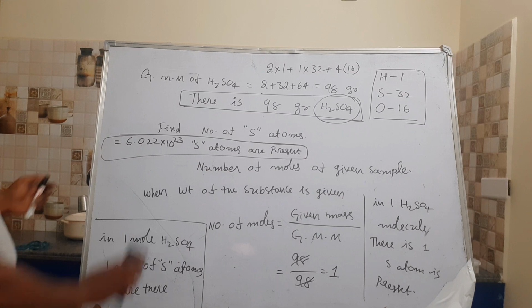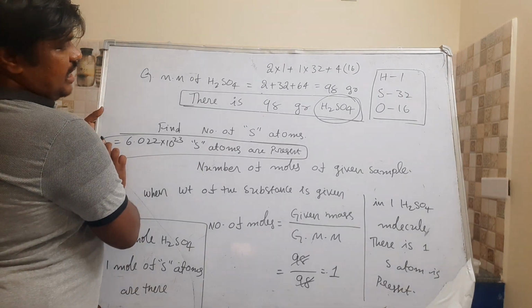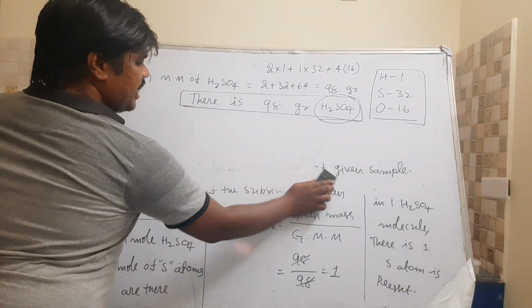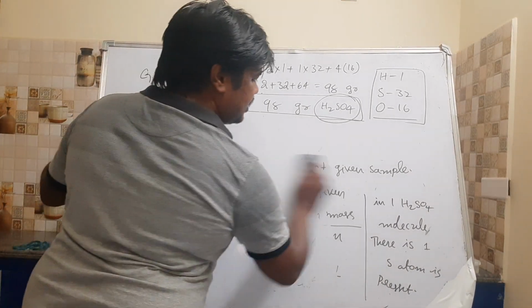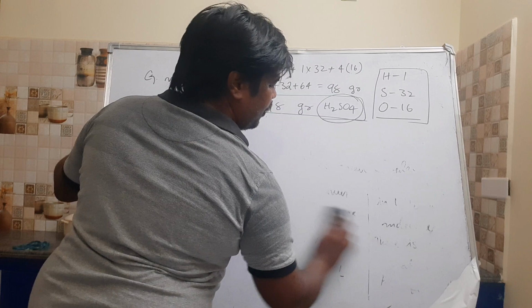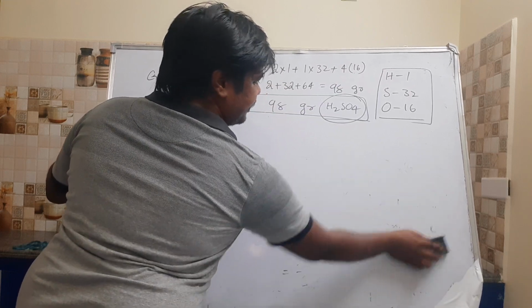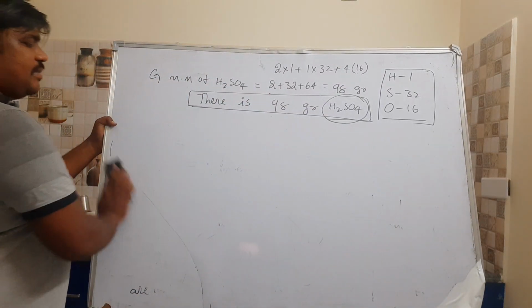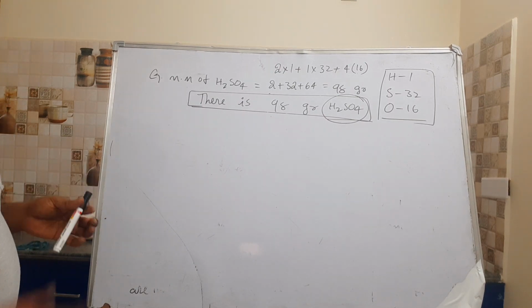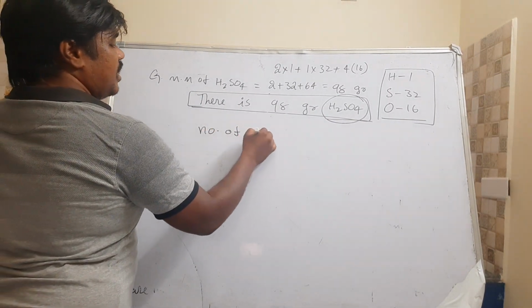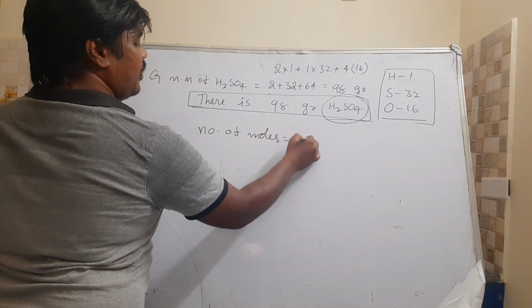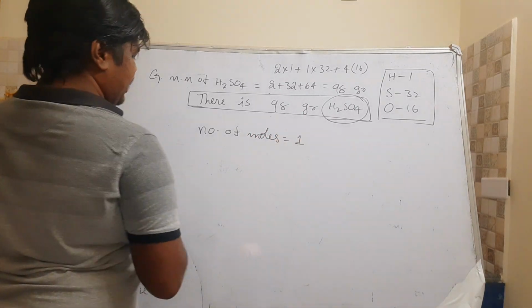Right? So in the same question, students, how many hydrogen atoms are present? That is my question. Number of moles is equal to 1, as we already calculated.